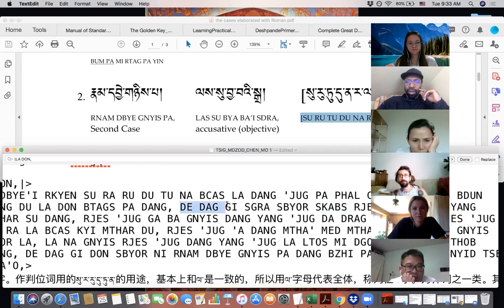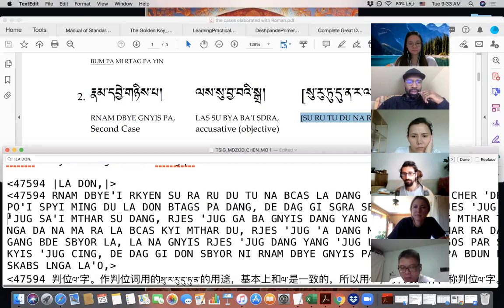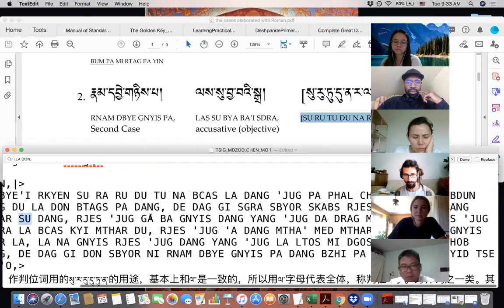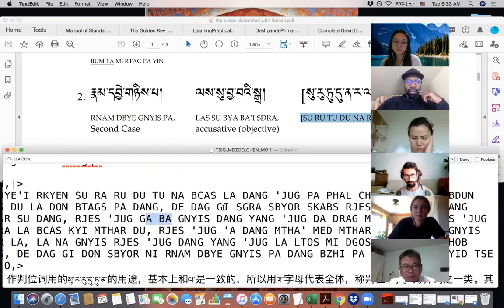See, they are used in the instances that depend on the sound of the suffix letter, and those suffix letter and or the yangjuk, the secondary suffix letters. So when that's a sa, you use su. When it's ka and wa or pa, you use tu, right?